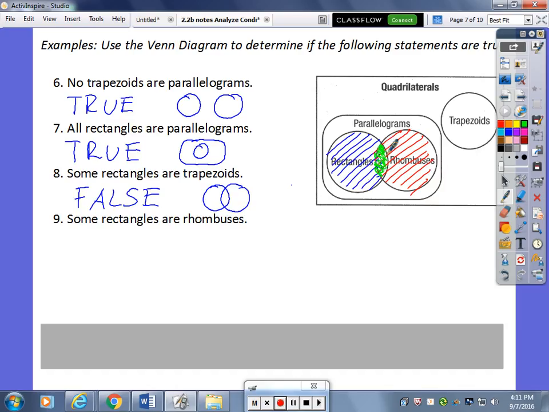I'm sure you already know what shape we're actually talking about here, but just think about it. Doesn't matter for our purpose right now. Some rectangles are rhombuses. This statement is clearly true. And as we have said in the example above, for a statement with some to be true, we need two circles that overlap, and that's indeed the case.